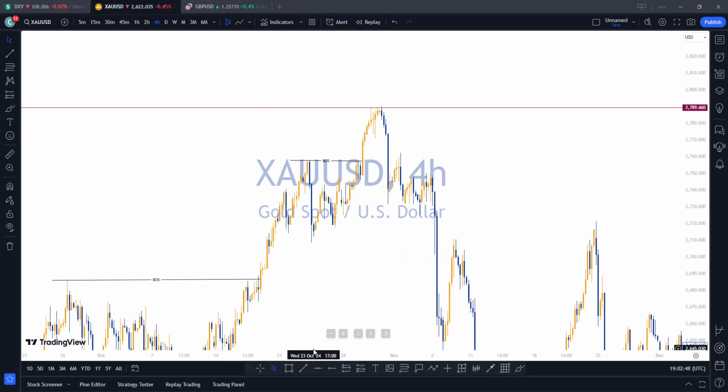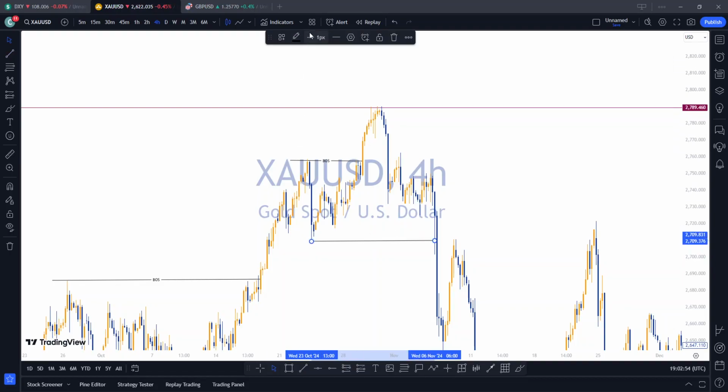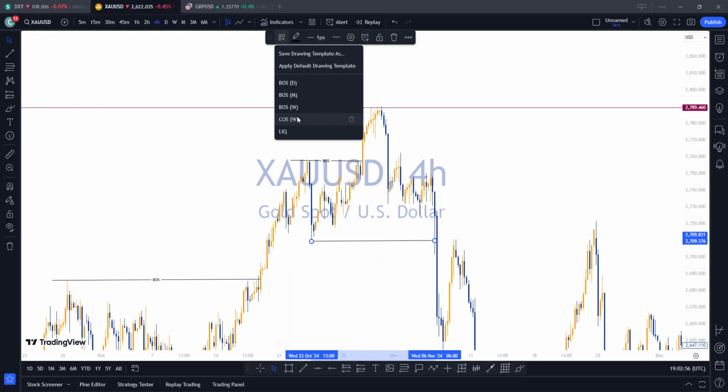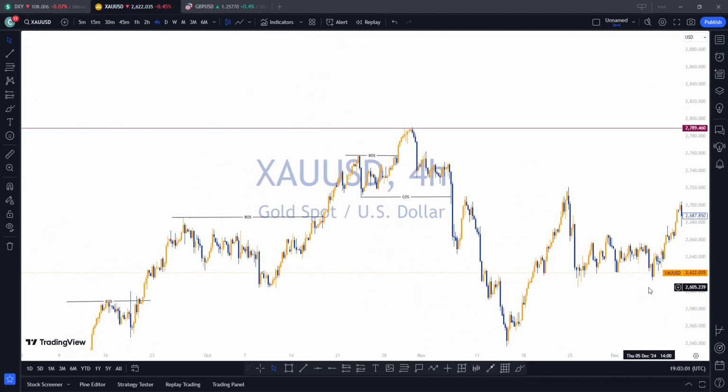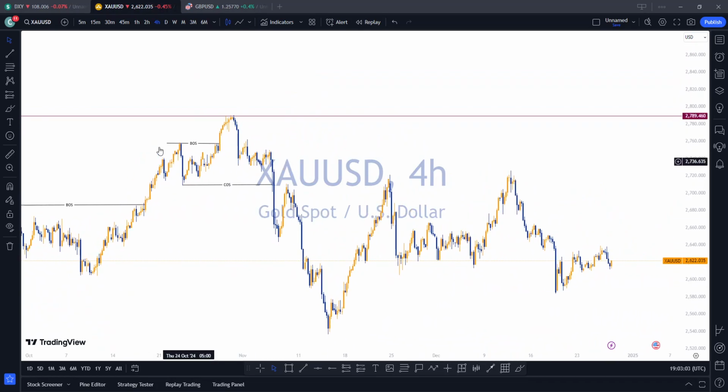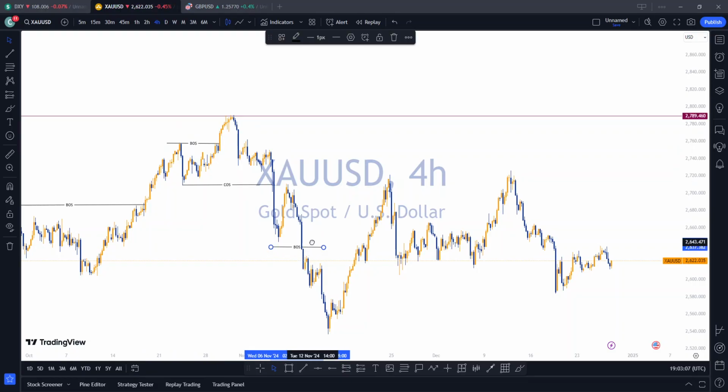Then this is our change of character right here. This is when it solidified that the character was changed. It broke this previous low. That's how we know that now we are on a downtrend, right? And it continues to break structure.